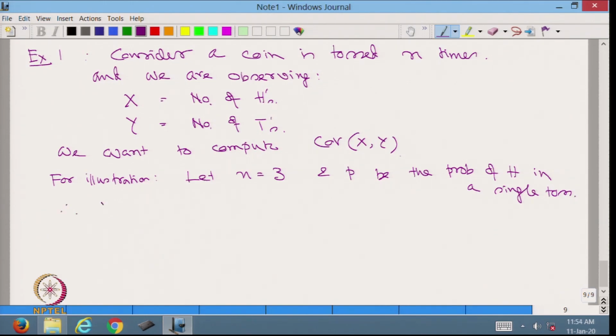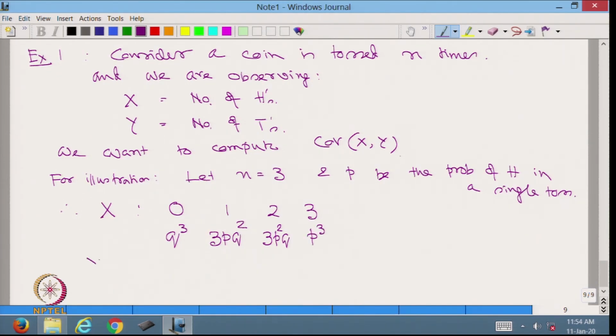Therefore, x is binomial (3, p), so it takes values 0, 1, 2, 3 and their probabilities are q cube, because all three tosses ended up in tail, 3 p q square, 3 p square q and p cube.